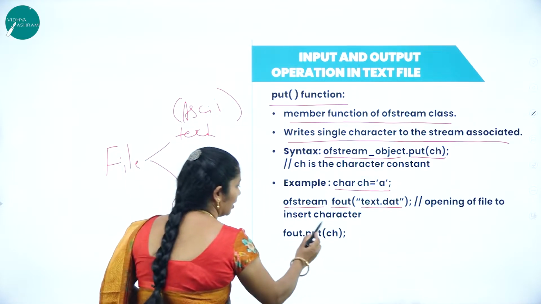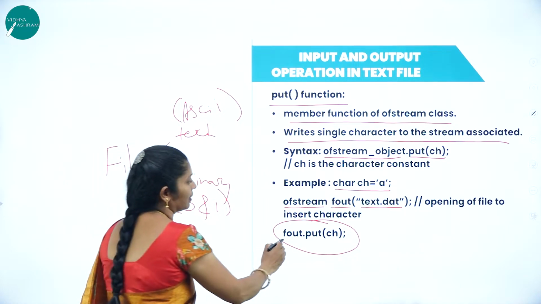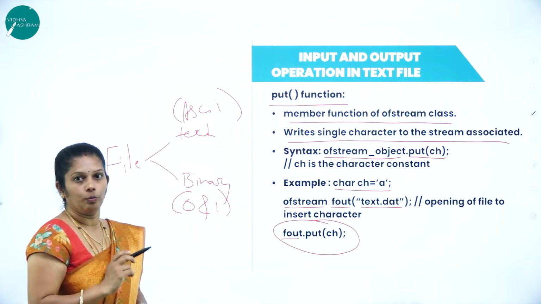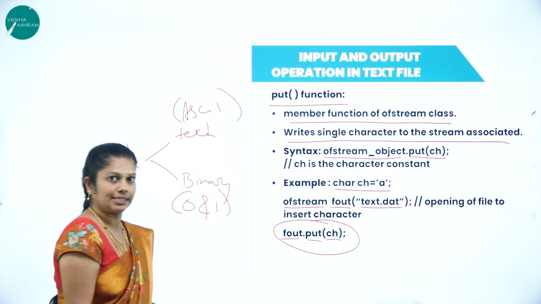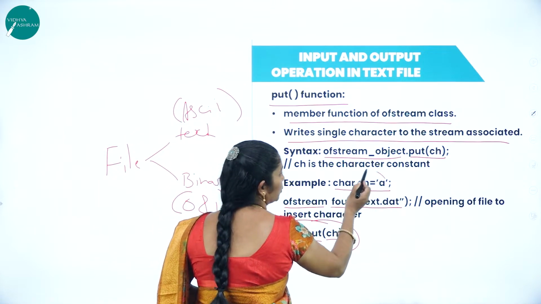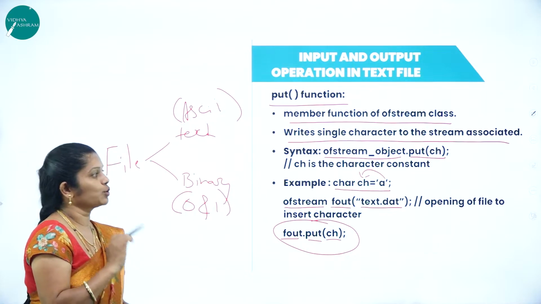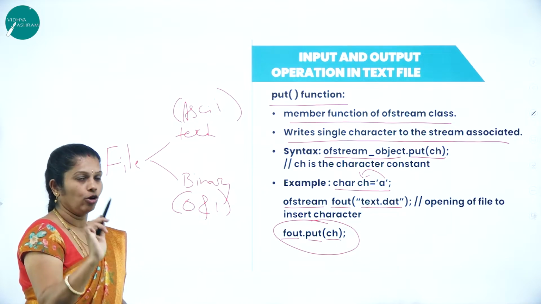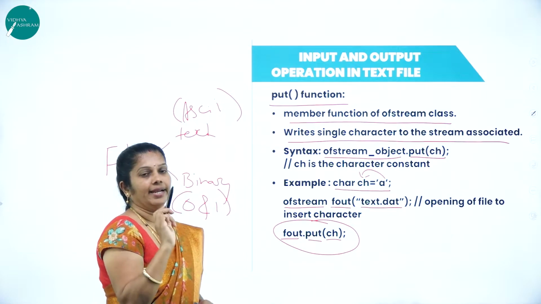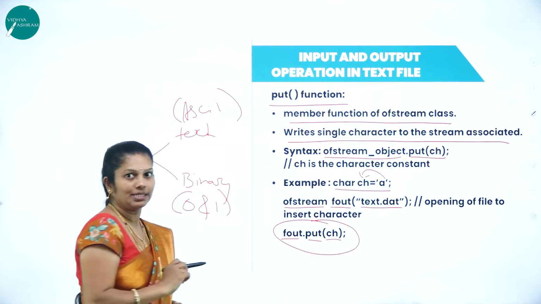Here fout dot put(ch) we have written, that means fout is the object, dot put function we are using, inside the bracket ch, and for that variable we assign 'a' as the character. That means this helps to print the character a. The main thing you have to remember is that it belongs to the ofstream class and it helps to print a single character. Then you have to remember the syntax as well as the example.